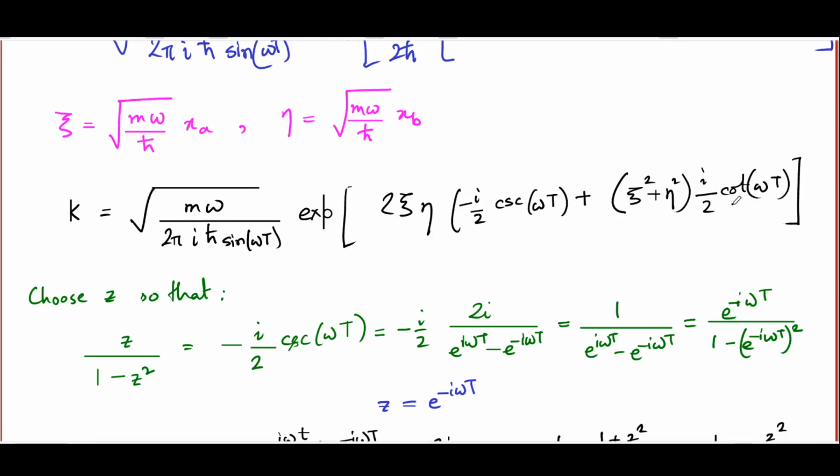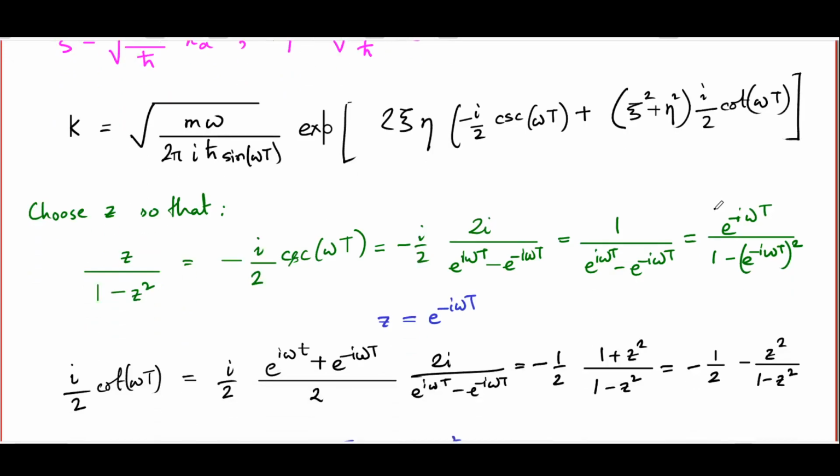What about the next term? What we want here is z square by 1 minus z square with the minus sign. But do we have that? Let's check. i by 2 cot omega t is, of course, i by 2 times e to the i omega t plus e to the minus i omega t by 2, that's cos omega t, and this is 1 by sin omega t.